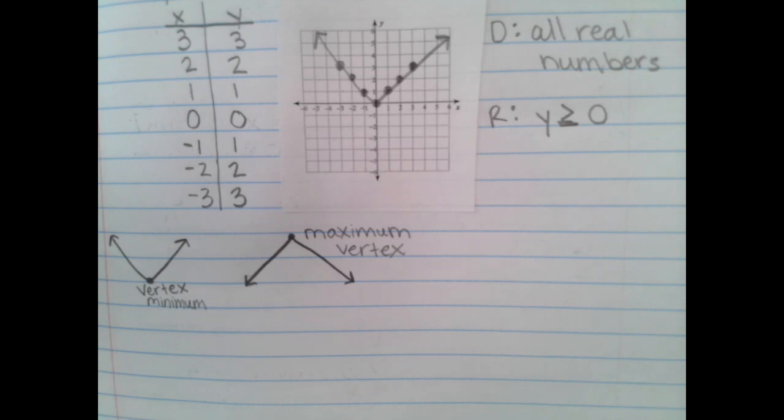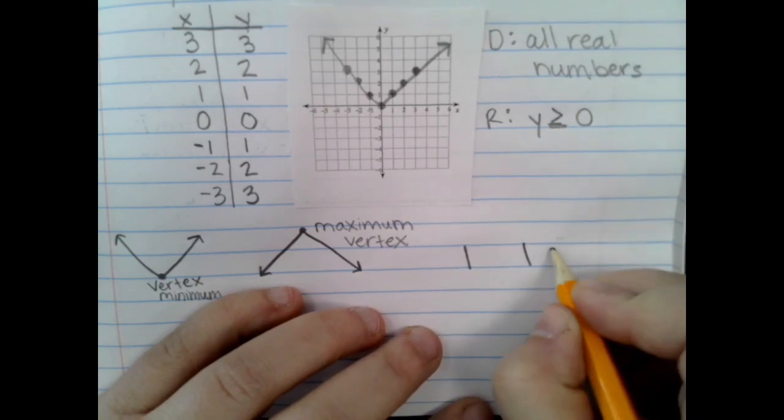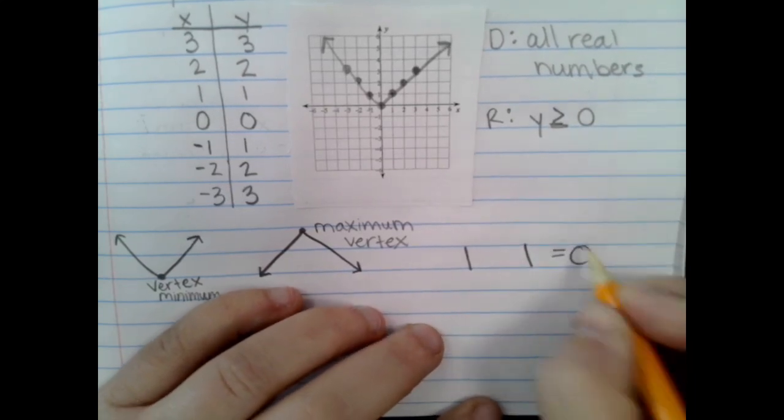Now that vertex, that spot where it turns around, if we think back to our number line, what number does it all originate from? Absolute value. Good. Absolute value is always our distance from 0. So we're always going to be looking for when does that absolute value equal 0.